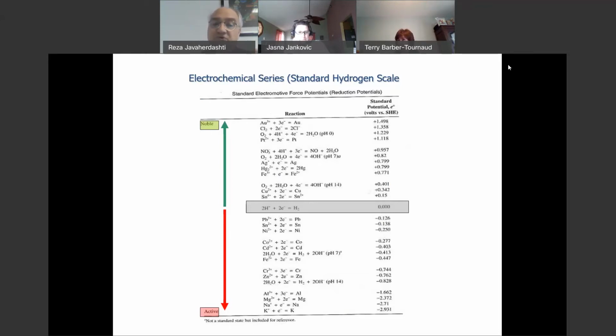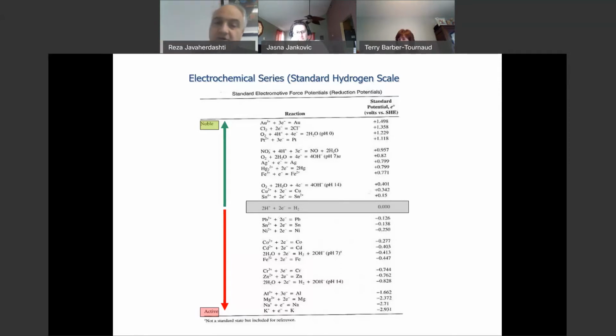If, for example, you pair copper, with a positive potential of plus 0.342, just 2 reactions above hydrogen, and say, nickel, for example, below the hydrogen line with a negative potential, then if you just pair these two, you will see that copper will become the cathode because it has a higher potential, and nickel will become an anode.